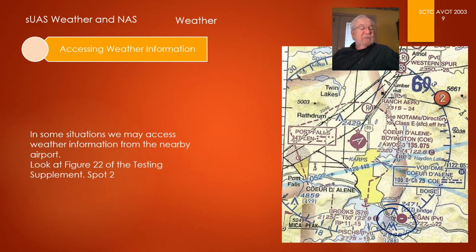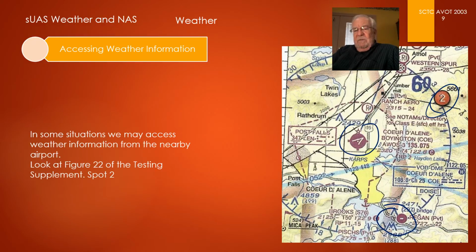Anyway, look for figure 22, then area 2, which is right up here. We have ways of accessing the automated weather reports. You'll see right here, Coeur d'Alene. We look at this airport here. By the way, it's magenta.